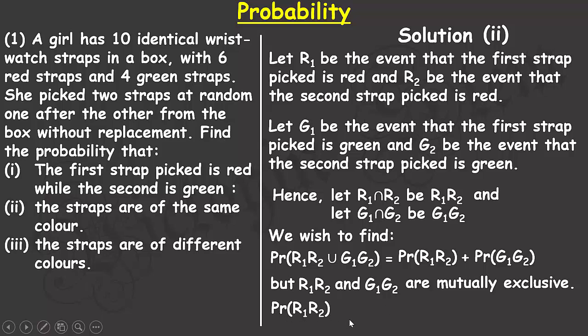So the probability of picking a red strap at the first instance and another red strap at the second instance is the same as the probability of picking a red, multiplied by the probability of picking another red.